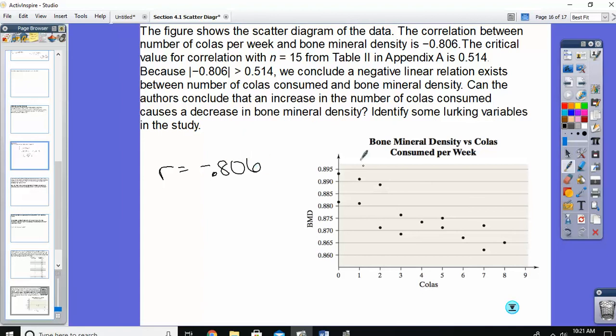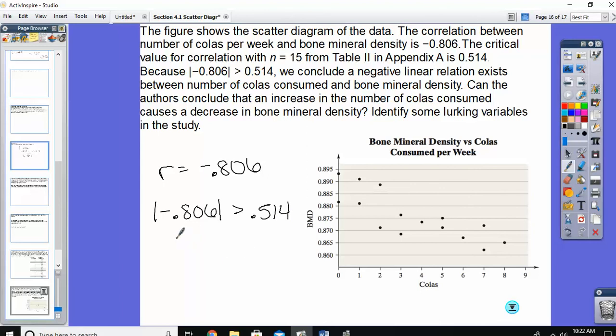So first of all, without reading my little blurb, let's see if that's significant. Look at your table 2. I told you there were 15 women, so you go to n equals 15. What's my critical value? 0.514. So is the absolute value of my R greater than 0.514? Yes. So that means there is a relationship.